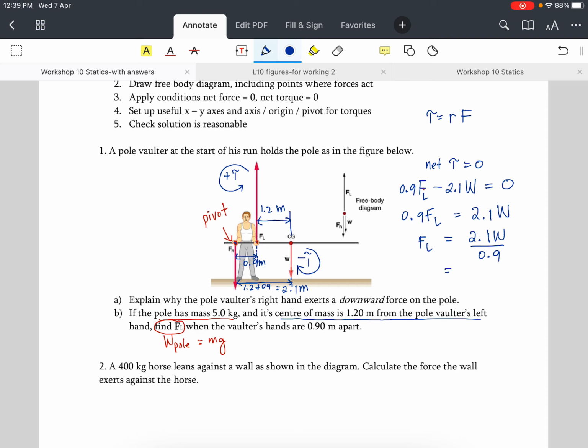W, we know, is the weight force, which is mass times gravitational acceleration. So we have 2.1 times the mass, 5 kilograms, times the gravitational acceleration, 9.8, divided by 0.9. So plugging everything in the calculator, we get a force on the left hand of 114 newtons.